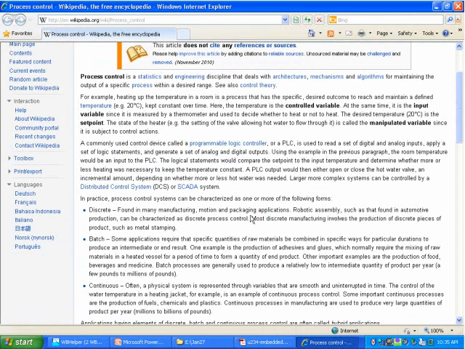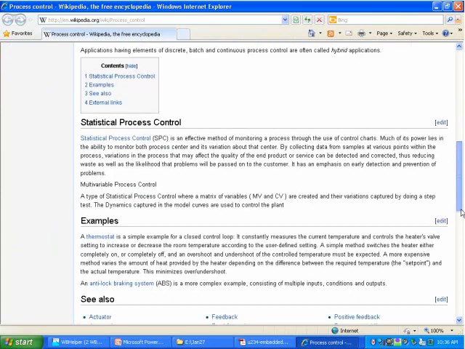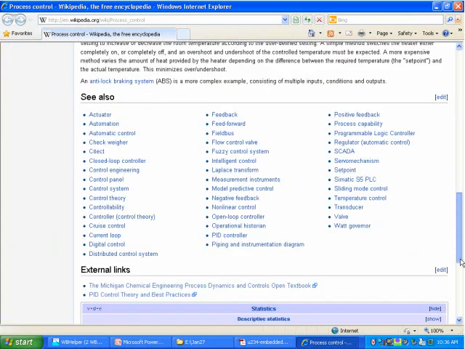Basically, we have here an independent variable. In the case of the speed control, it would be the setting. And then we have the dependent variable, which is the actual result, the machine being controlled at that speed. So you might read this if you're interested in this type of mechanical and engineering orientation.